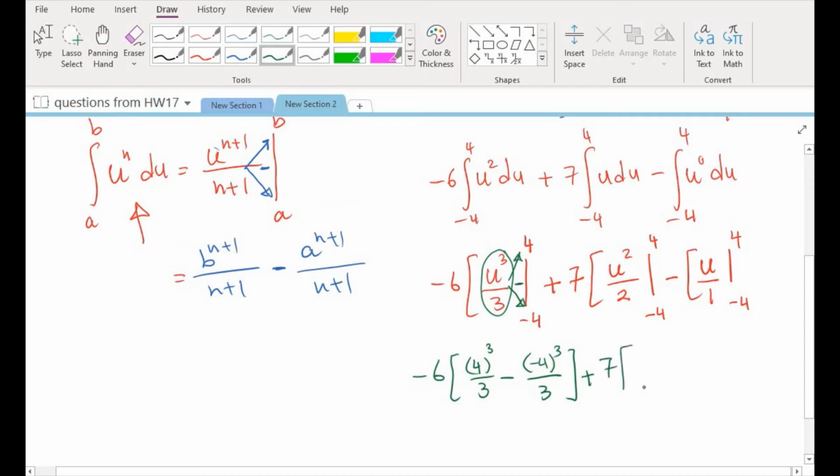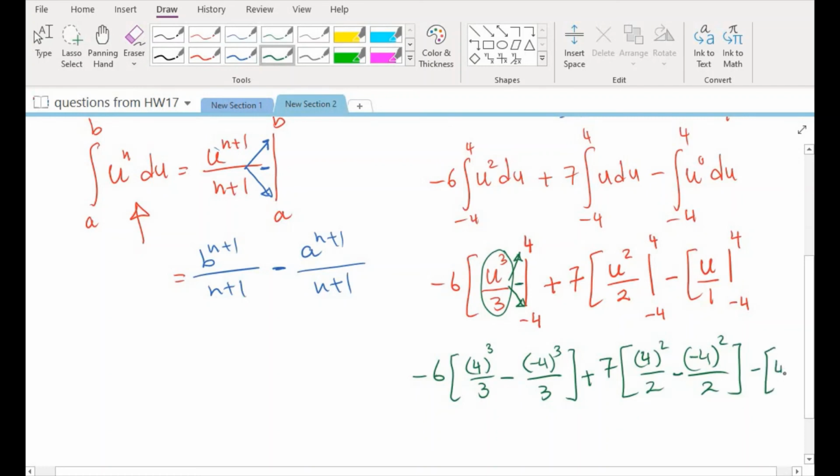So 7 out, and then I will compute the amount inside the parentheses at 4. This will be 4 to the second divided by 2 minus the same thing, so the value of the amount inside the parentheses at -4 divided by 2. I finished the second part, minus the last part, which is u over 1, which is u.